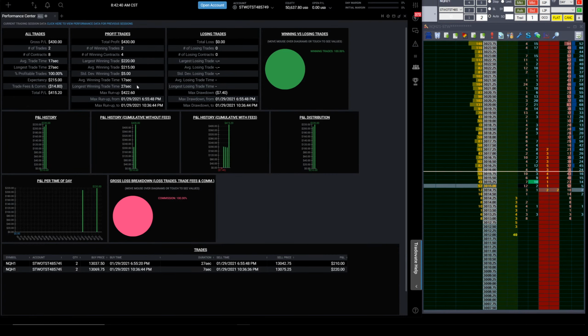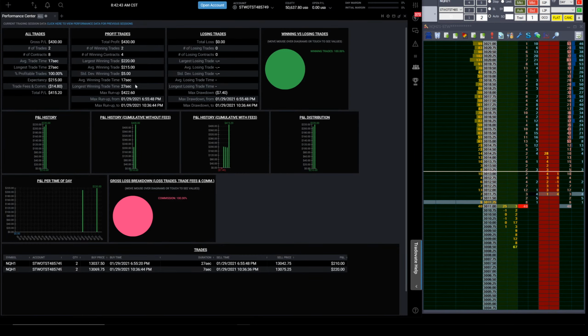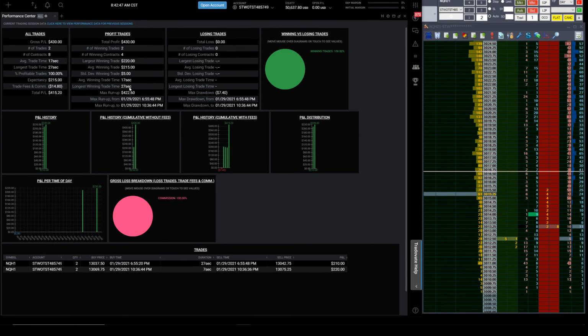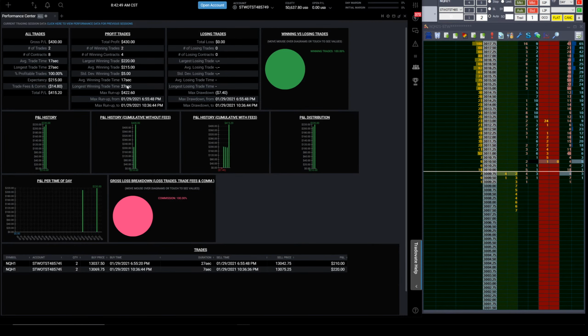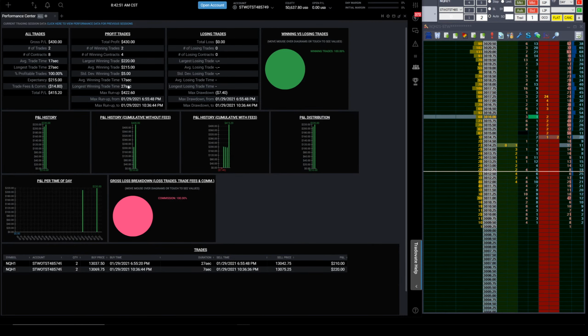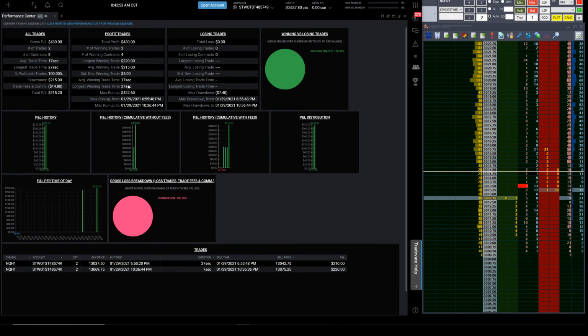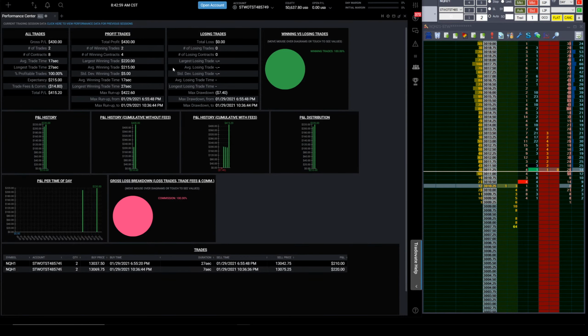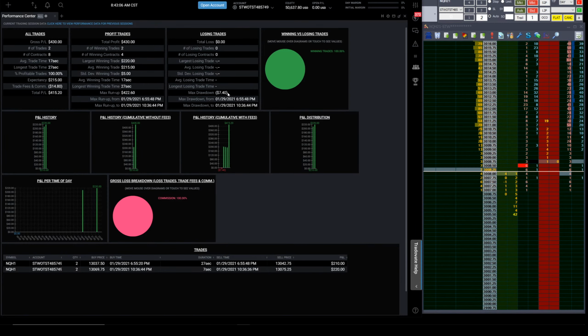Average winning trade time is 17 seconds. Longest trade time was 27 seconds. No drawdown. Nobody left on third. The max drawdown is how far it went against this thing: nothing.